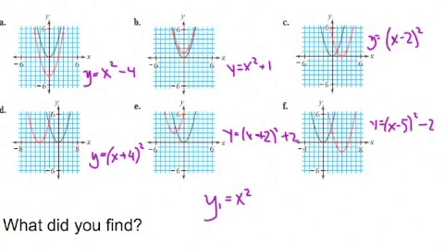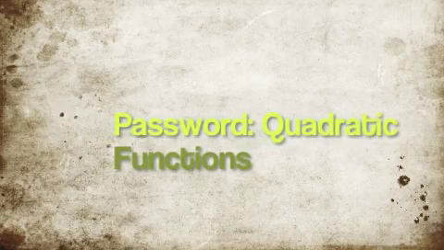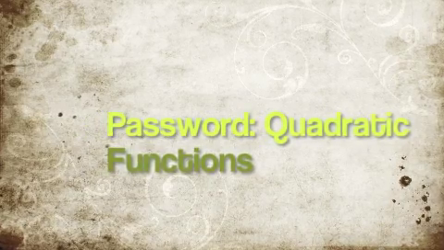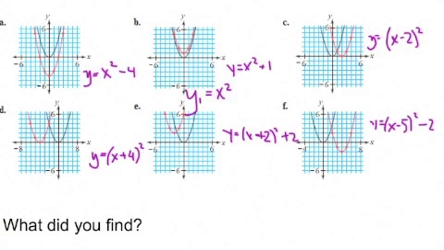Right? So what can we conclude from this investigation? So let me write a couple of conclusions. Here's what I noticed. Between A and B, when I subtract a number, my parabola is shifted down.